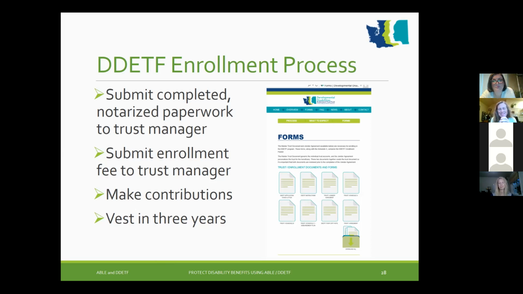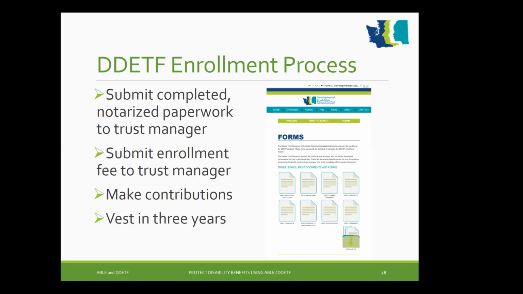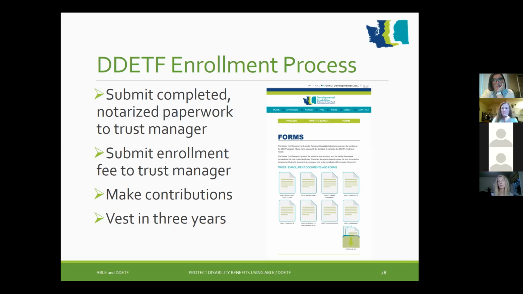And then once you get everything filled out and notarized, you join your agreement filled out with all the various identifying who final remainder beneficiaries are, and some of the types of expenses that you are authorizing that you think the beneficiaries can be needing in the future. You send that all off to the trust office, and the trust manager will ensure that it's all there. And then you need at that time to submit the $600 registration fee. So it does cost to get into the Special Needs Trust Program, while Able does not have an enrollment fee at all.